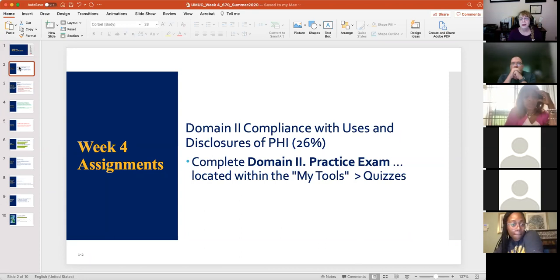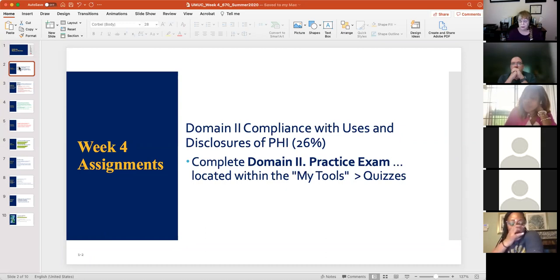And remember that HIPAA is a federal law. So no matter where you are, no matter the size of the facility, you and everyone who works there must comply with HIPAA. Also remember that everyone who works there includes volunteers, full-time, part-time.